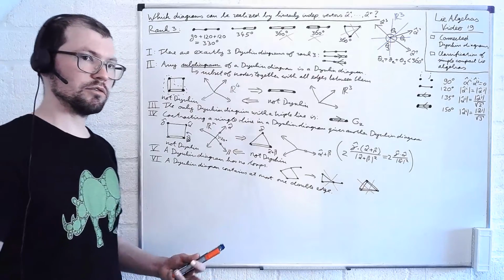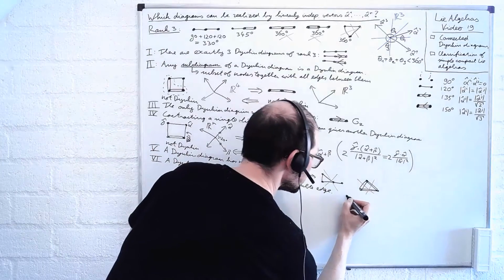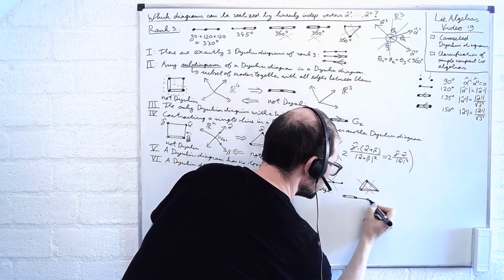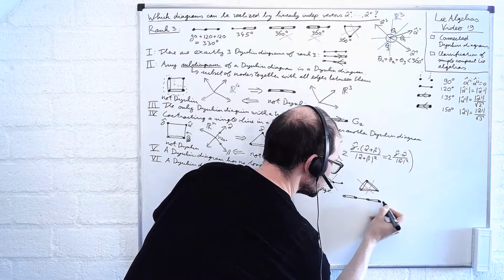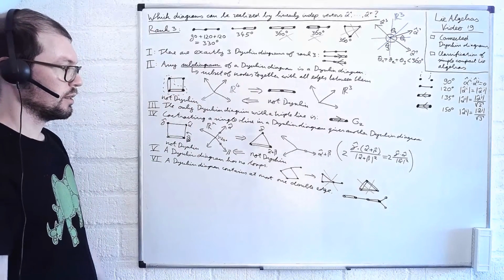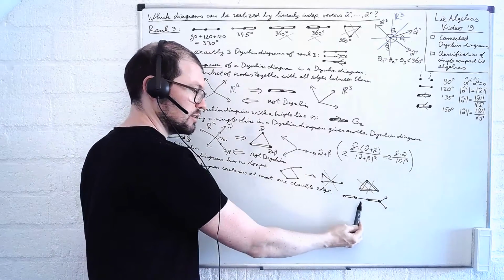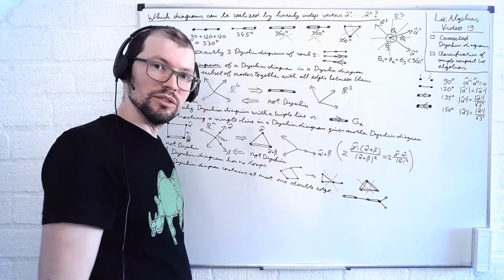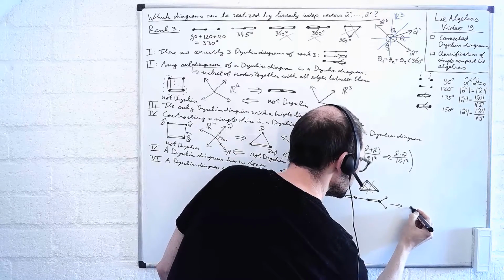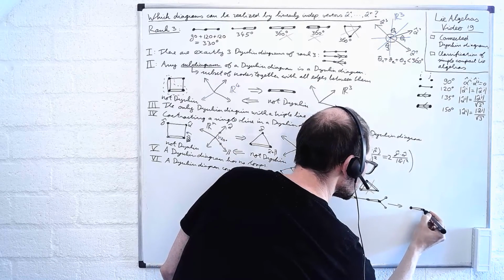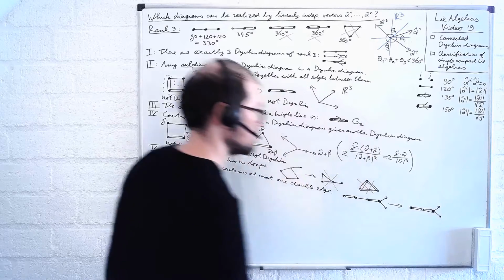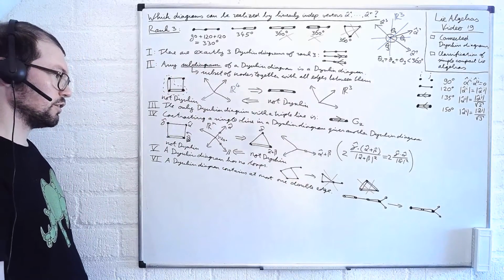If we would have more than one double edge, so suppose I would have something like this, then I can always contract the single edges that separate these two until these double edges become adjacent to each other. But this is not allowed. This is not an allowed configuration.